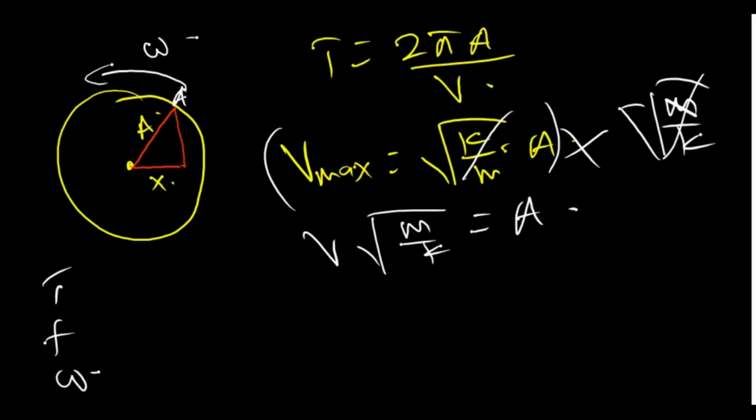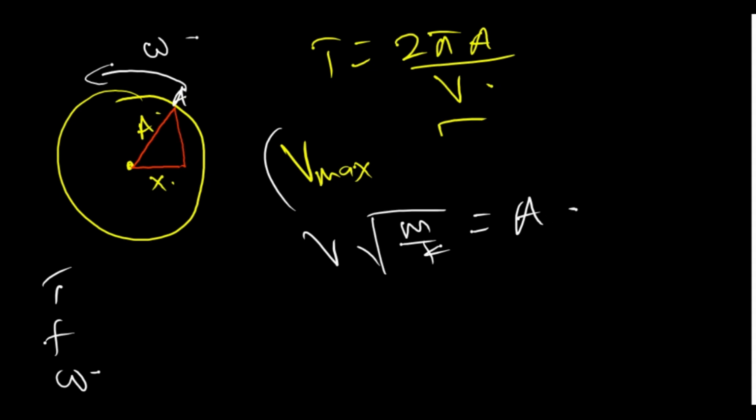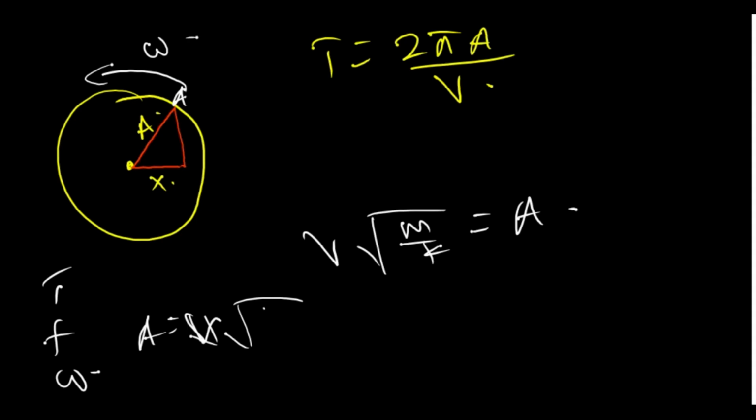Now, what I want us to do is replace where there is A with v times the square root of m over k.